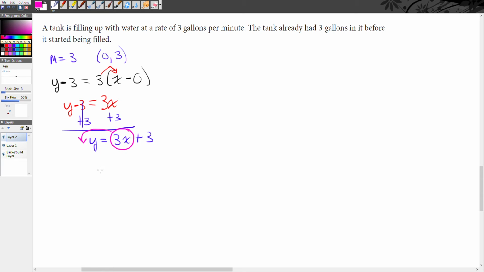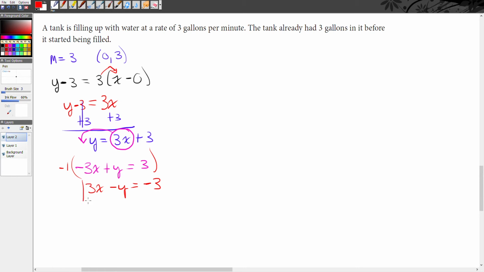It changes sign, so this becomes negative 3x plus y equals 3. And we don't want our a term to be negative, so we are going to multiply the entire equation by negative 1. So this gives us a positive 3x minus y equals negative 3.